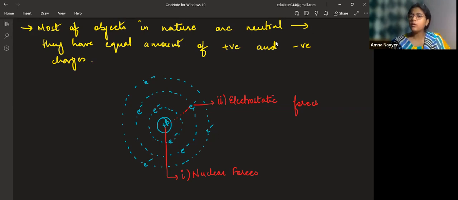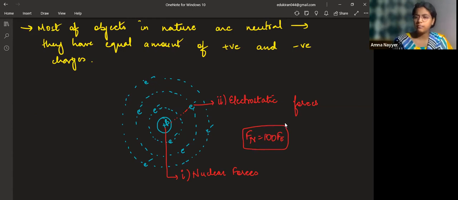But still we haven't got any conclusion regarding a positive or a negative body. These nuclear forces are almost 100 times stronger than electrostatic forces.